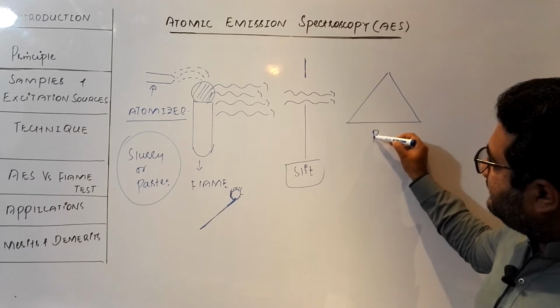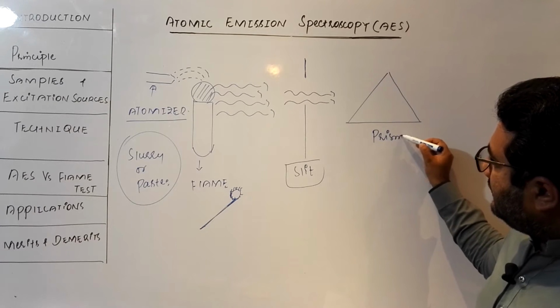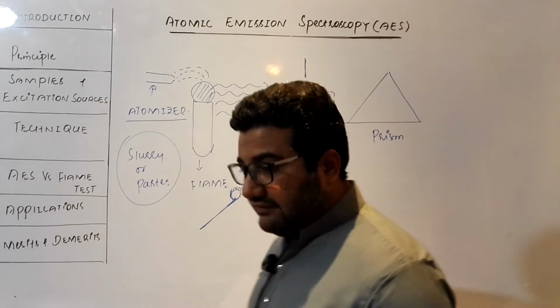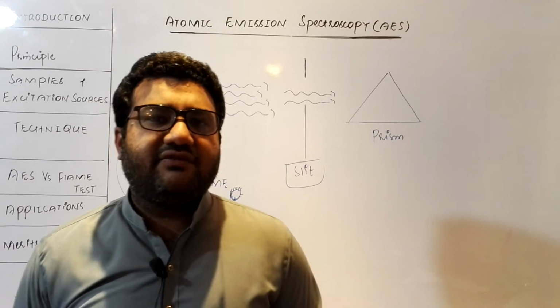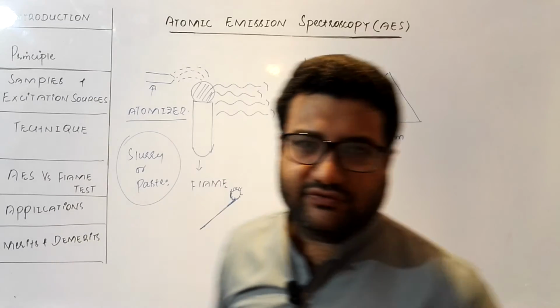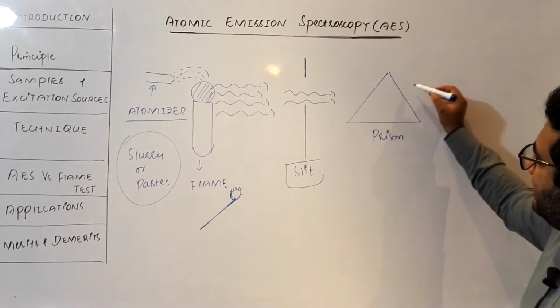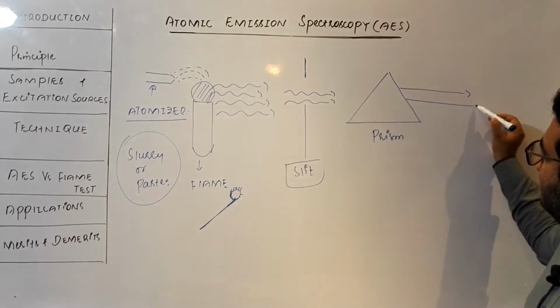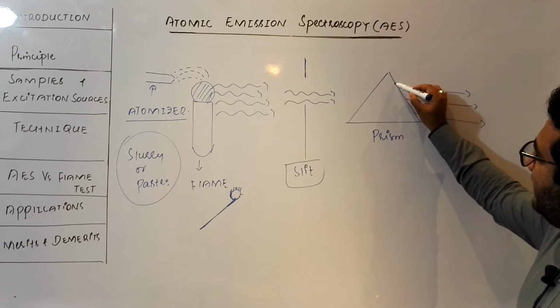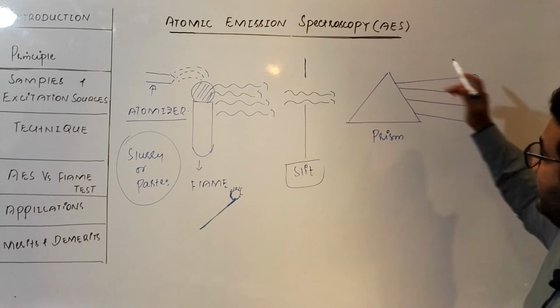Now when these photons will move forward, here is the prism. You know, the prism causes the diffraction of the radiations, and that diffraction depends upon the wavelength of the photons. After passing through the prism, the photons or the light or the electromagnetic radiations, they are dispersed.